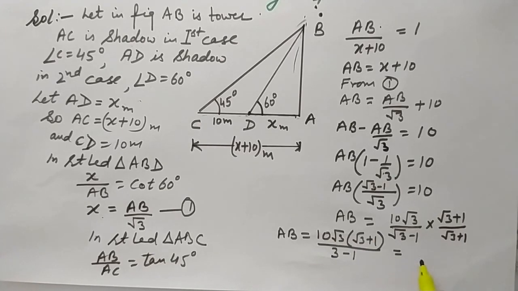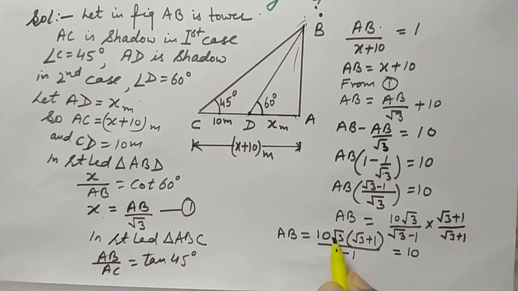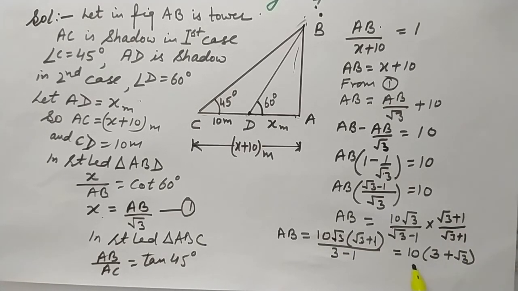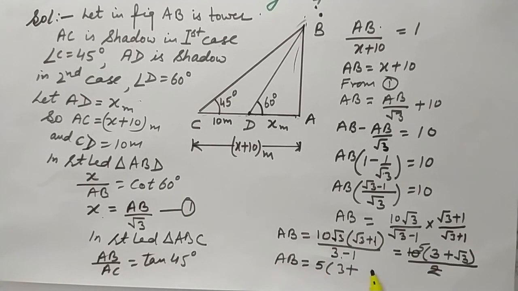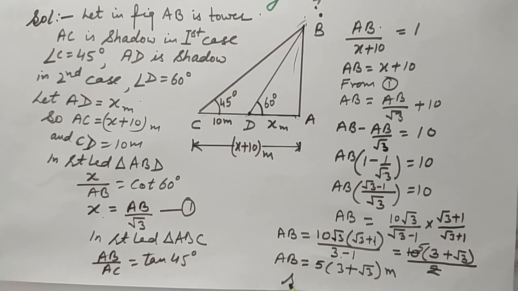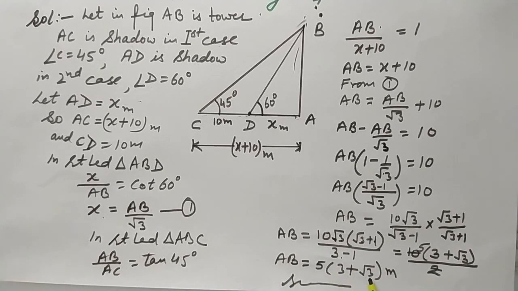So 10 into, you can multiply root 3 inside: root 3 into root 3 is 3, plus root 3 into 1 is root 3. Now 3 minus 1 is 2. So 2 ones are 2, 2 fives are 10. So after all, AB is 5 into 3 plus root 3 meter. Answer: the height of the tower is 5 into 3 plus root 3 meter.